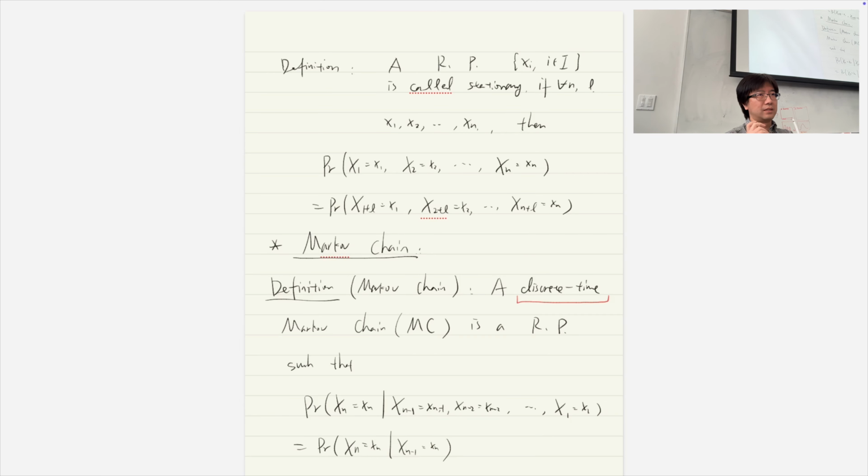But if it's continuous time, the transition can be arbitrary, because now time is continuous, so at any time it can make a transition. That makes things extremely complicated, and that's why it's not easy to play with. So we focus on the discrete Markov chain.